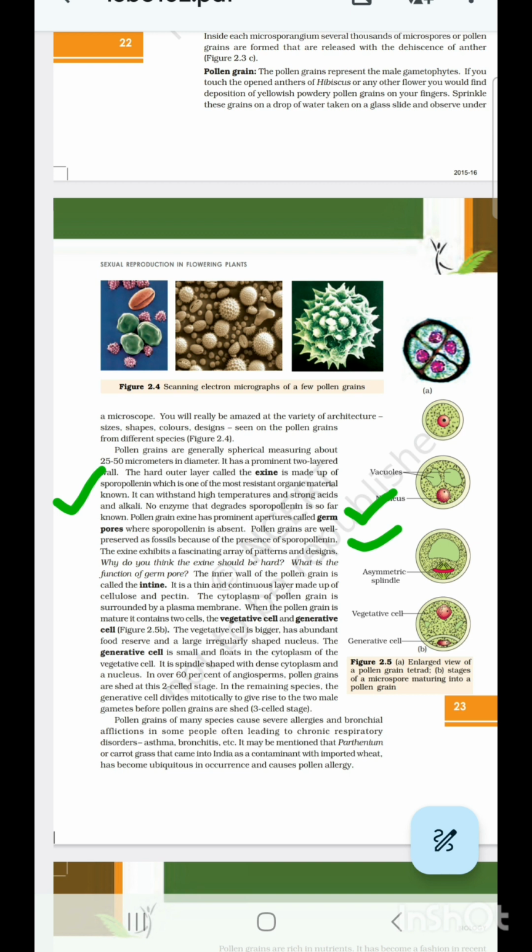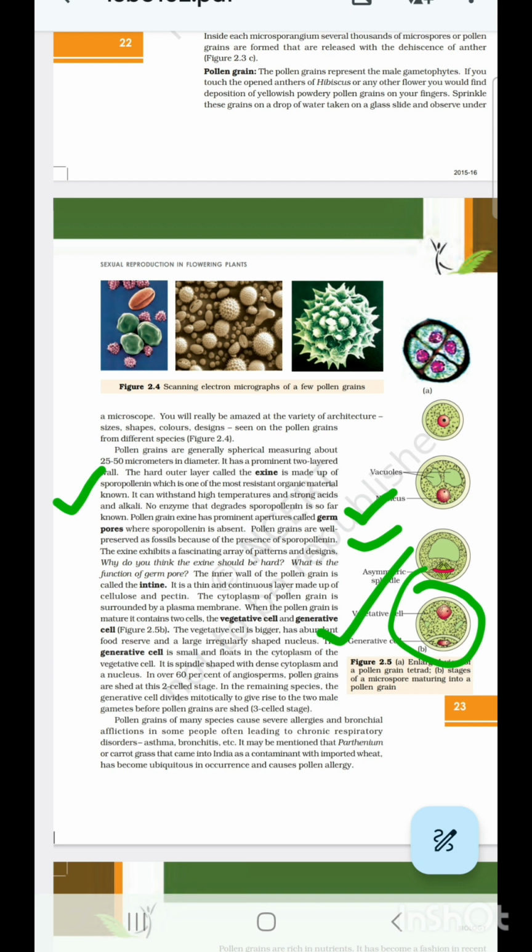The cytoplasm of pollen grain is surrounded by plasma membrane. When the pollen grain is mature, it contains two cells. One is the vegetative cell, the second one is the generative cell. It is the mature structure of one pollen grain. The vegetative cell is generally bigger and has abundant food reserves and a large irregularly shaped nucleus.